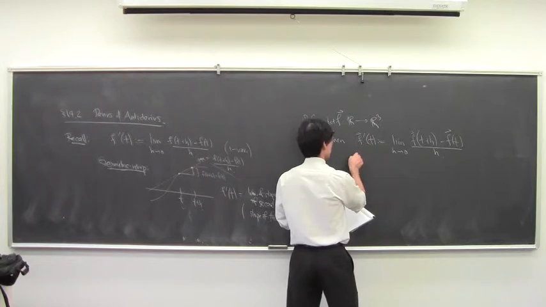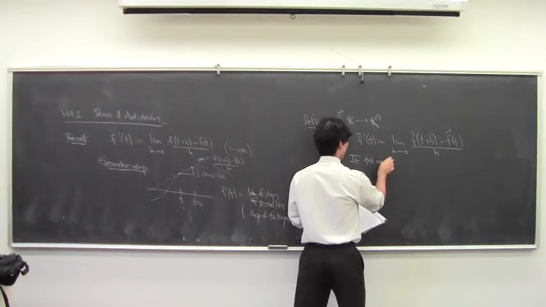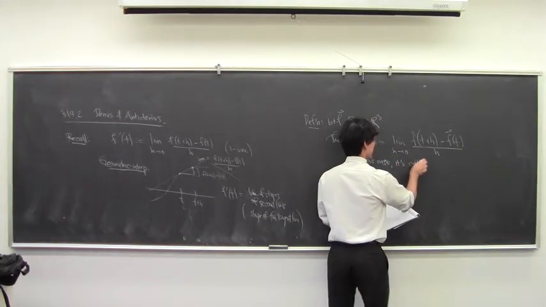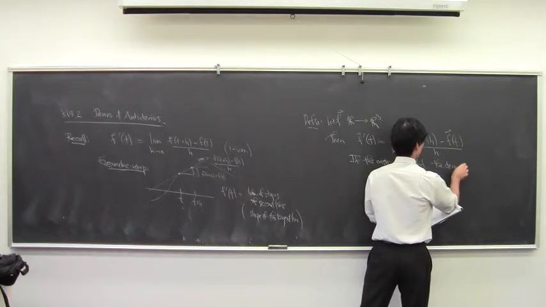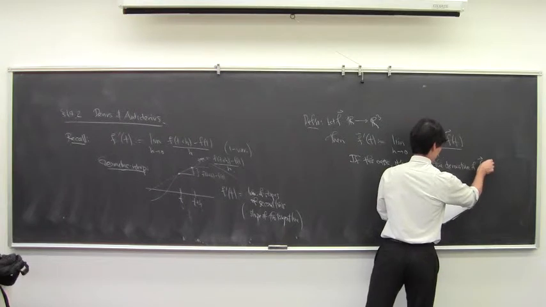If this limit exists, it's called the derivative of f at t.